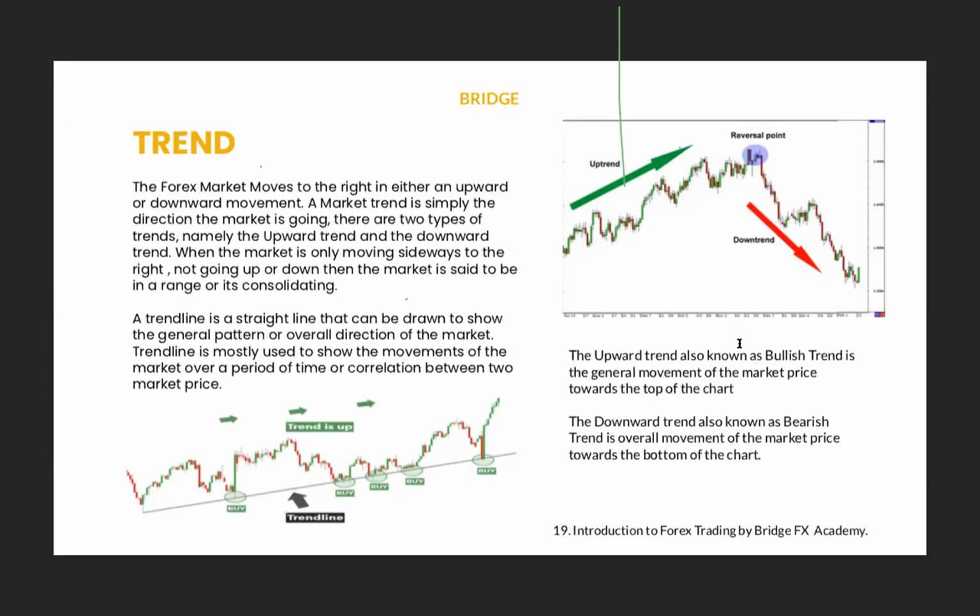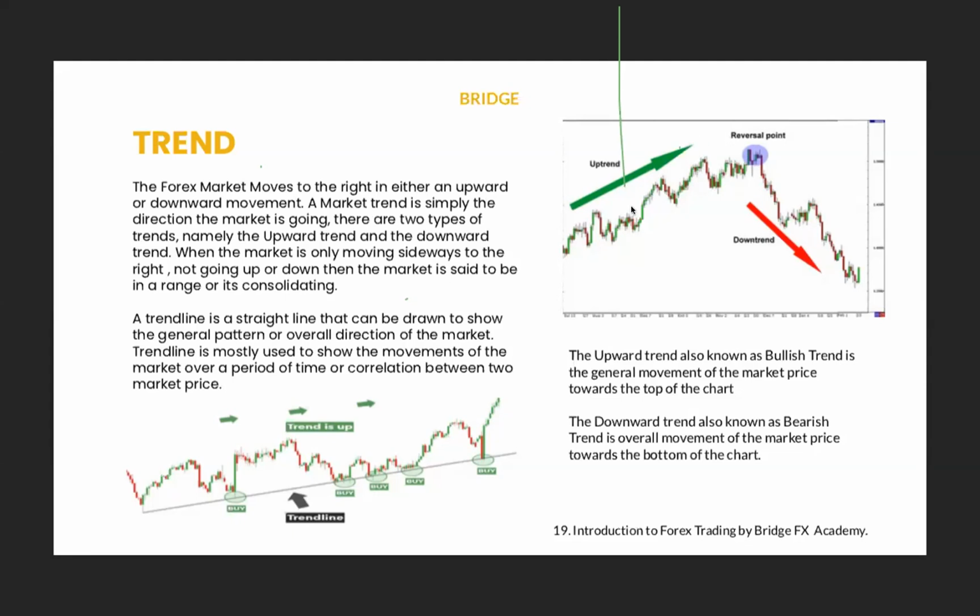when it's moving to the right, it is either going up or coming down. Look at this image. You can see it was going up on this side, then it started coming down right here, but it's still moving to the right. It's still moving to the right. Okay. There are 2 types of trend, namely the uptrend and the downtrend.